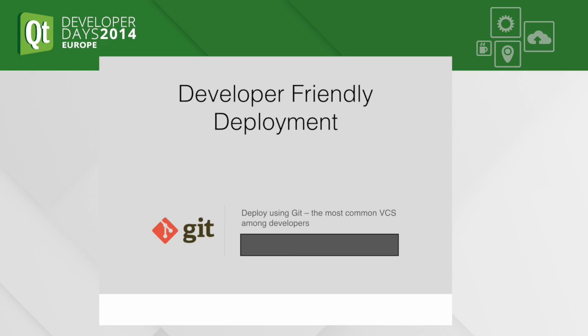Deploying your application to the cloud is very easy. You just use the git version control system and the git push command to deploy your app, and it will be deployed and started automatically.